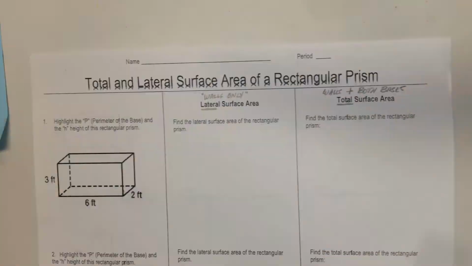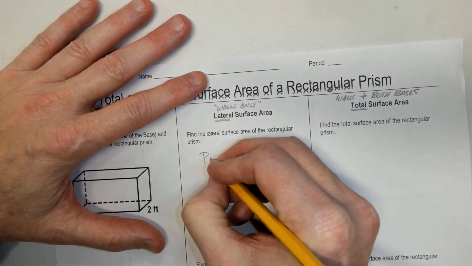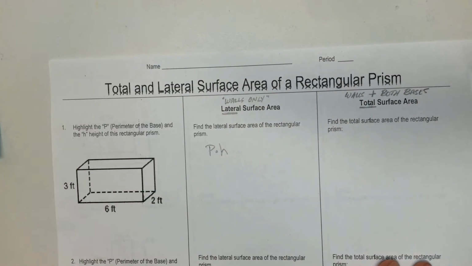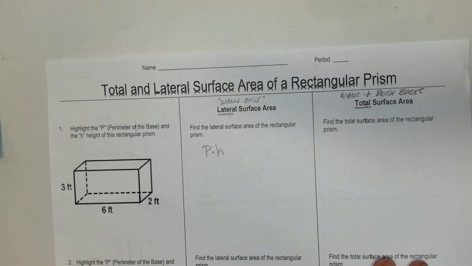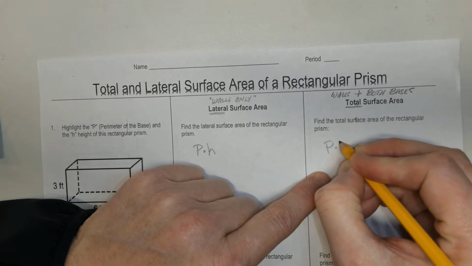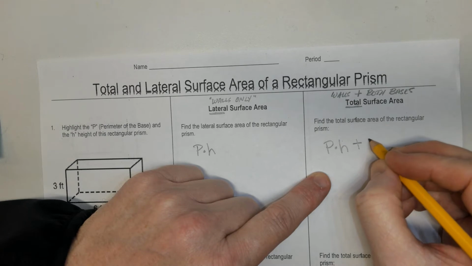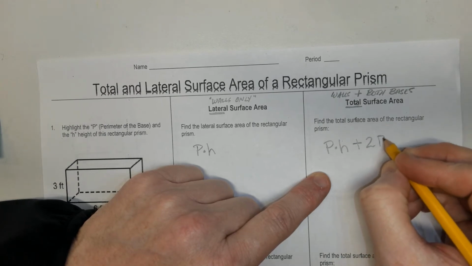So let's write the formula over here. For lateral, it's going to be capital P times H. And for total, it's also capital P times H plus 2 capital B.